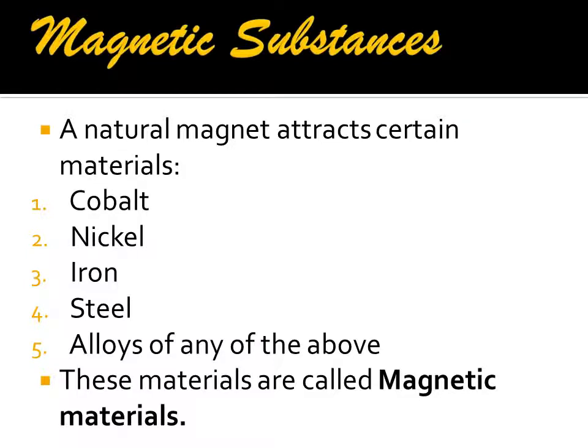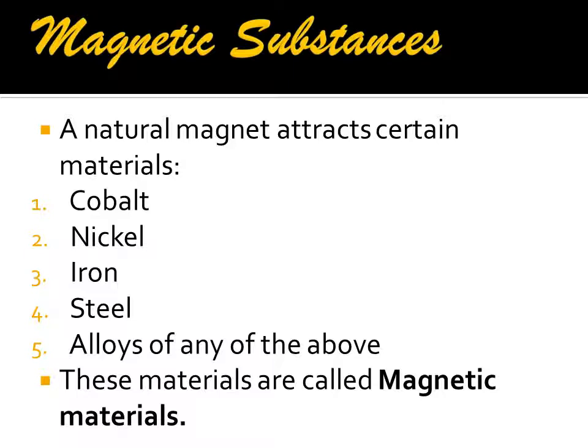As we discussed, magnets are of two kinds, natural magnets and artificial magnets. Magnets attract certain materials like cobalt, nickel, iron, steel, and alloys of all the above. Alloy means a mixture of these above materials.